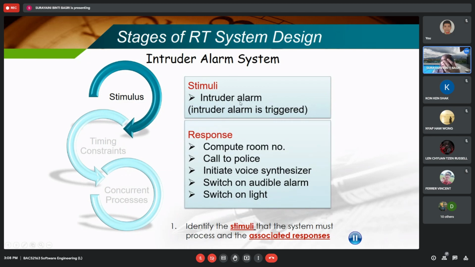For the intruder alarm system, maybe the alarm will be triggered and sound loudly.